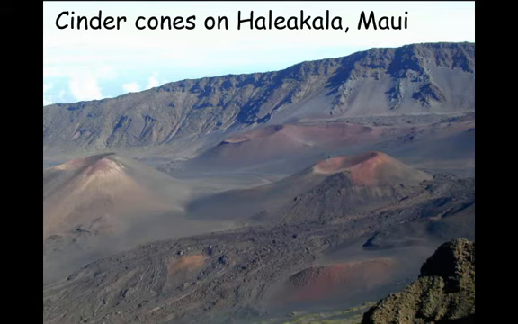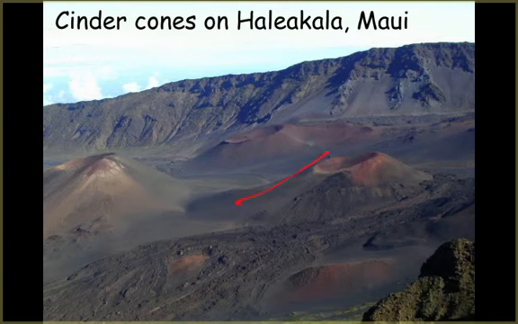Cinder cones in the caldera of Haleakala. So there are subsidiary features, they're small features, they're basaltic, and they generally erupt not violently, but can sputter and spit out scoria and other clastic material.